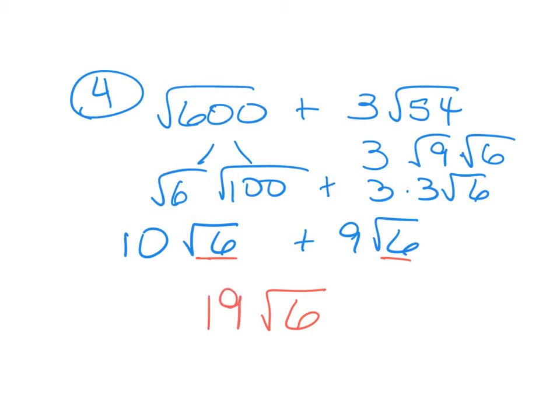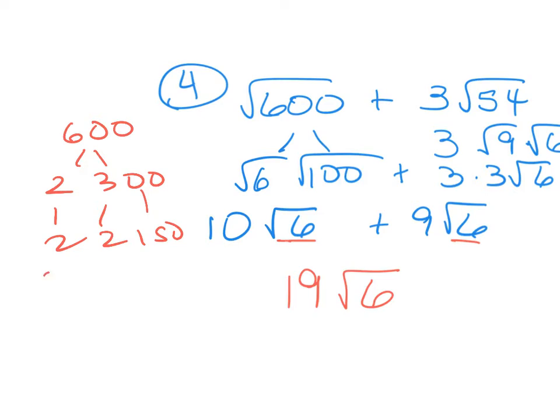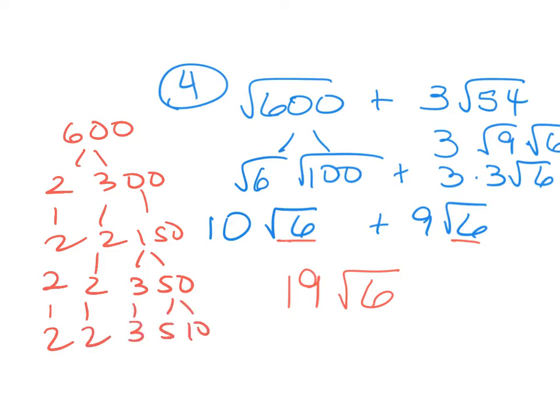Okay, so this is a valid question. Let's say you didn't realize that 6 times 100 was 600, and you did 2 times 300, and then 2 times 150, and kept going until you get to prime. Then 5 times 10, let's see, 2 times 5, let me erase, I'm going too fast.